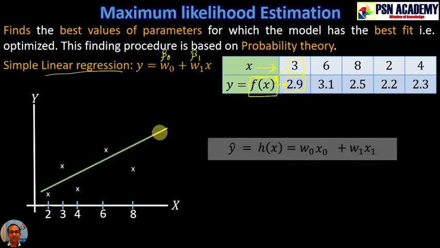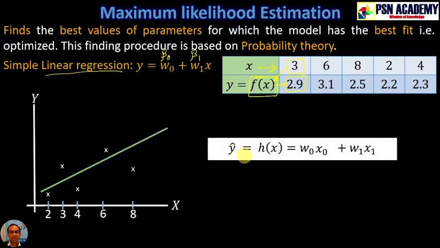And for this, we have this equation that y hat is h of x, because it is not f of x, because we do not know the f of x. So this is an estimation. So that is h of x, and it is w0 x0 plus w1 x1. So these are the two terms we add together and we get this y hat.